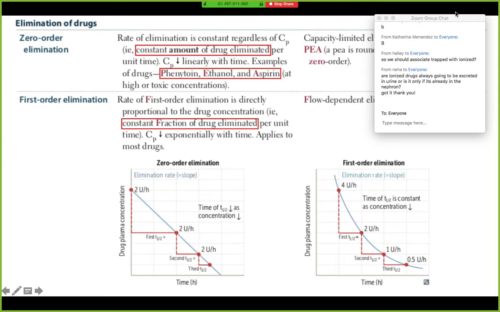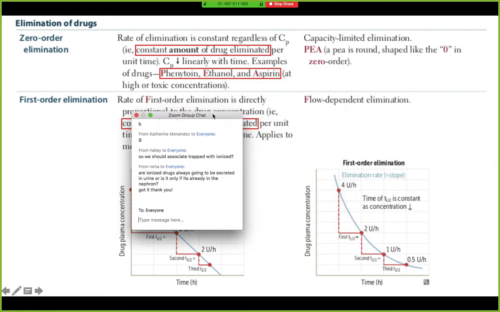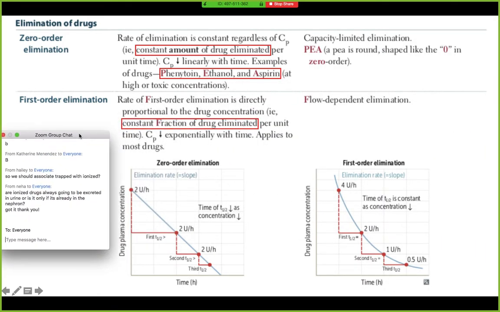All right. And then for zero and first order elimination, I feel like this little excerpt from First Aid tells you everything that you need to know. So I kind of skipped her slides with this. Okay, so zero order elimination: zero order is a constant amount of drug eliminated versus first order, which is a constant fraction of drug eliminated.